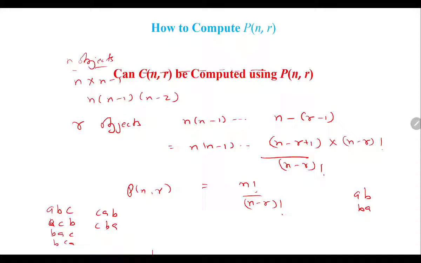But in the case of C(n,r), they are all the same. So it means we divide by r factorial. C(n,r) is P(n,r) divided by r factorial, which becomes n factorial by r factorial times n minus r factorial. So please do remember these formulas.